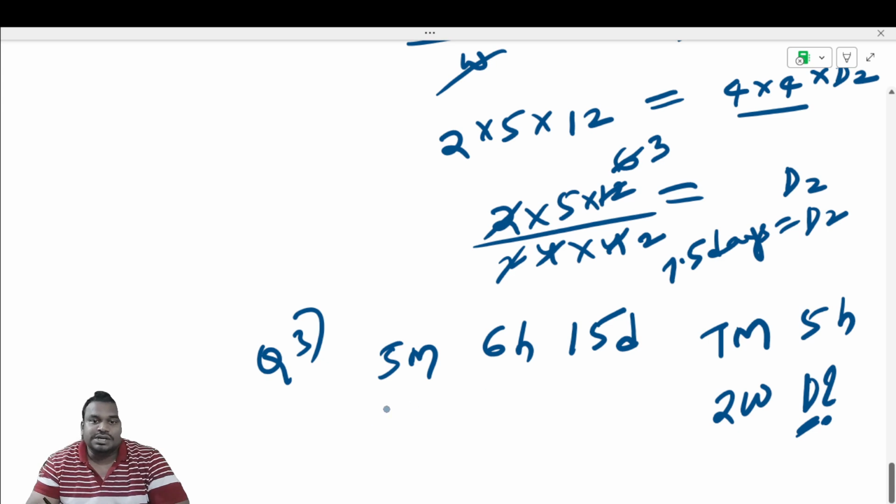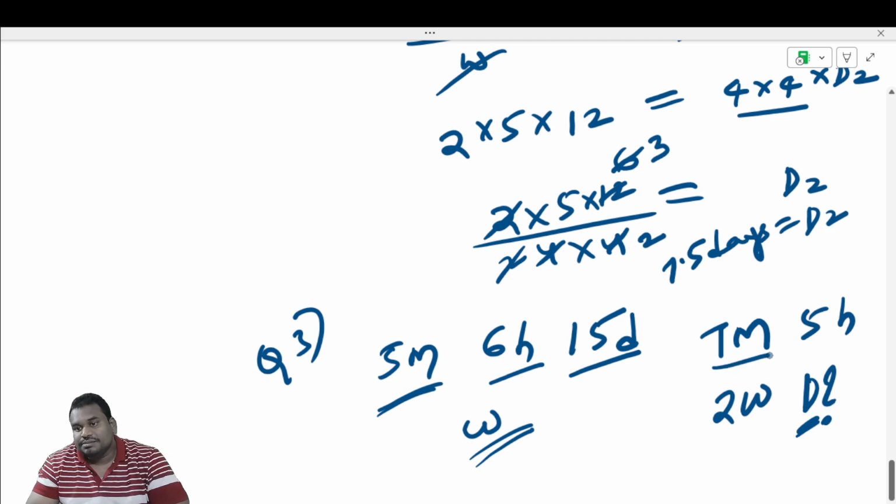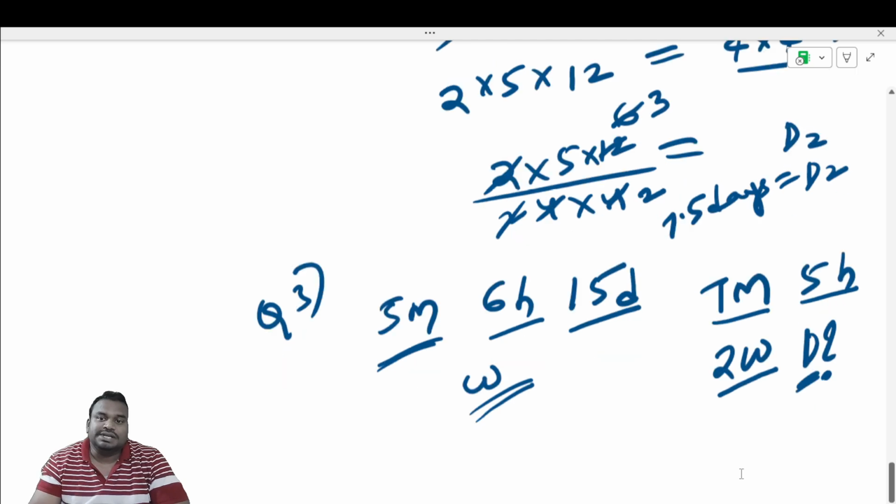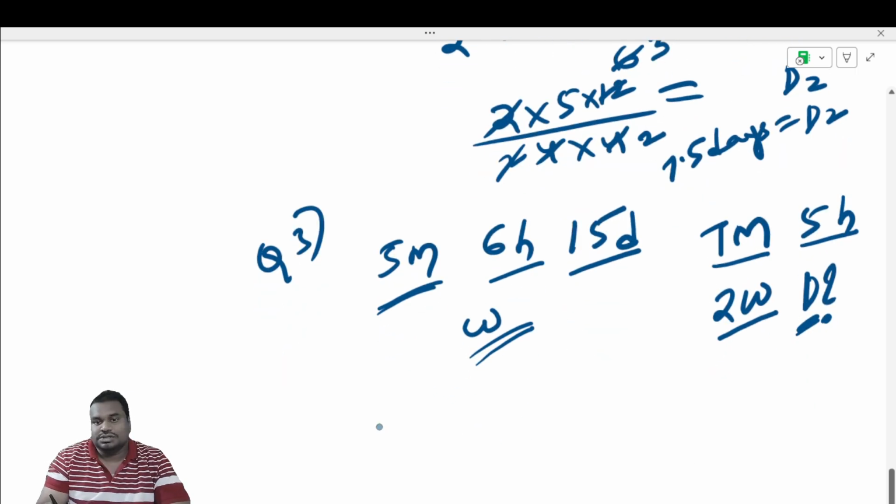Do you understand the question? 5 men, 6 hours working a day, take 15 days to complete W amount of work. Now 7 men working 5 hours a day to complete double the amount of work. Double means 2W. How many days will they take? This is the question. So here you have to add everything.